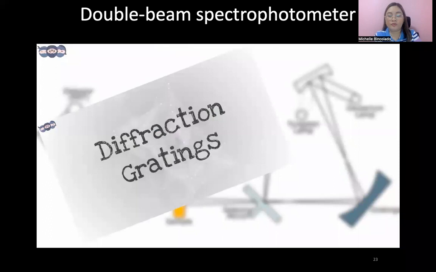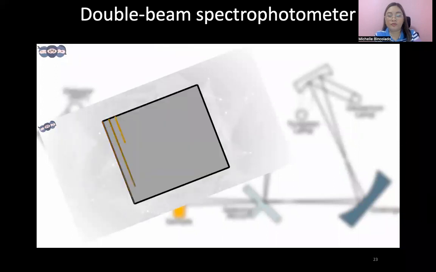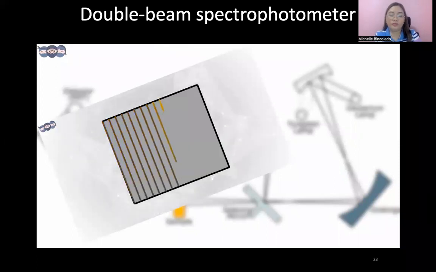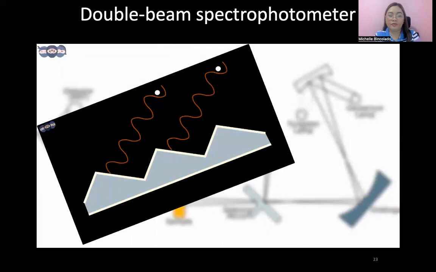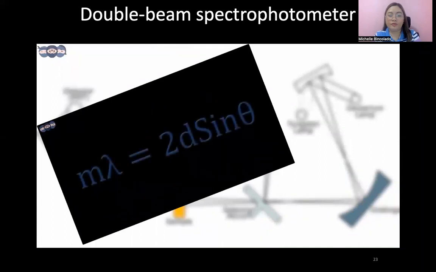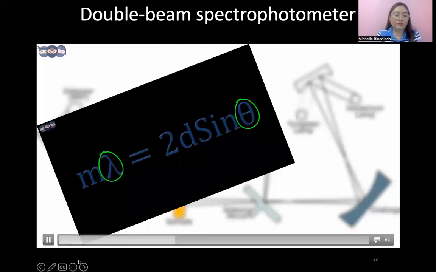The diffraction grating separates the wavelength using the Bragg's law. For more information on diffraction grating, you can check the video whose link is provided in the description. By changing the angle theta of light, one can obtain a particular wavelength lambda if the grating distance d is fixed. One can obtain required wavelength by rotating the grating.